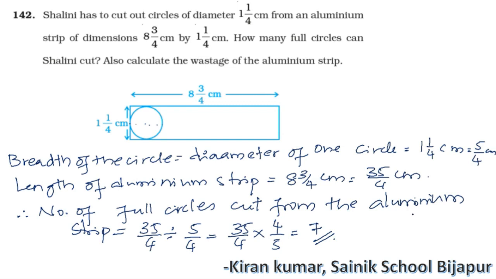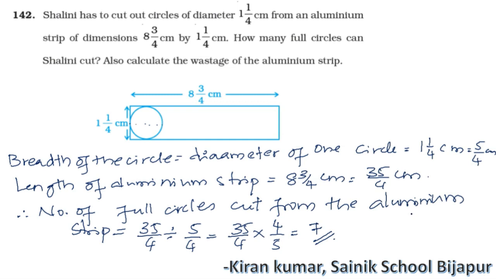Now the diameter of the circle is 5 by 4 centimeter, hence we can find the radius and also we can find area of one circle. When I multiply area of one circle by 7, I get the total area for the circles.